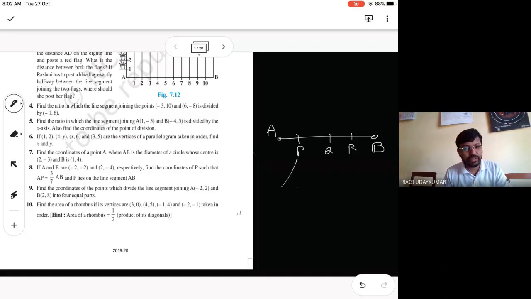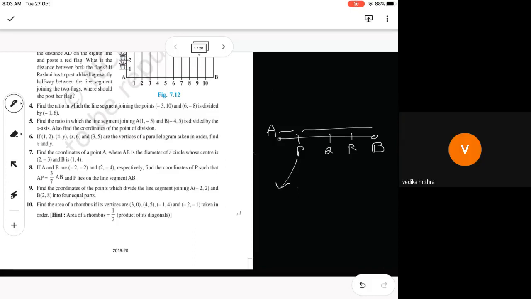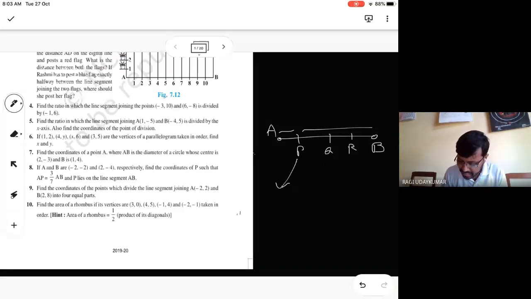So to find point P, in what ratio? Can anyone say? This is 1 part, and from here to B it is 1, 2, 3, so 3 equal parts. However long it is doesn't matter.